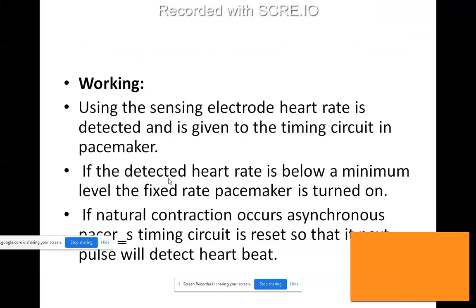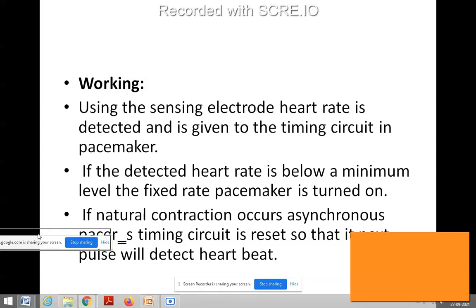So how is it working? Using the sensing electrode, the heart rate is detected and given to the timing circuit in the pacemaker. If the detected heart rate is below a minimum level, the fixed rate pacemaker is turned on. If natural contraction occurs, the pacemaker timing circuit is reset so that the next pulse will detect the heartbeat.